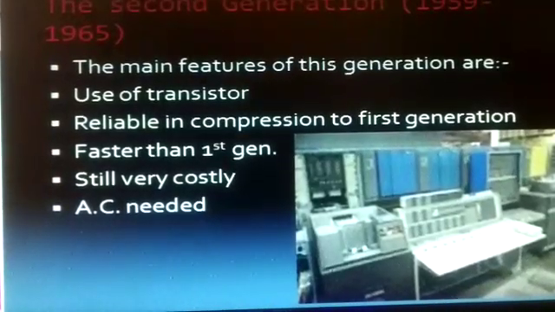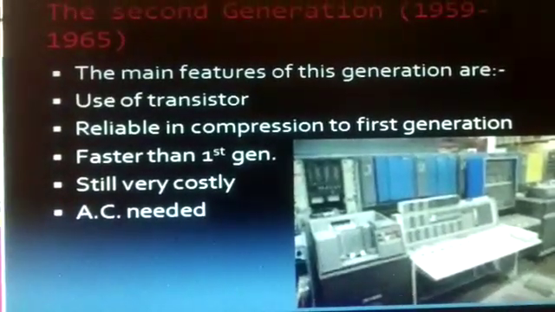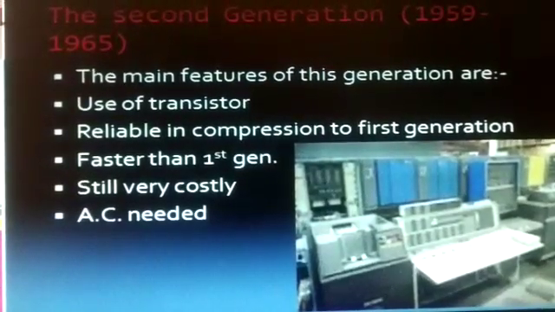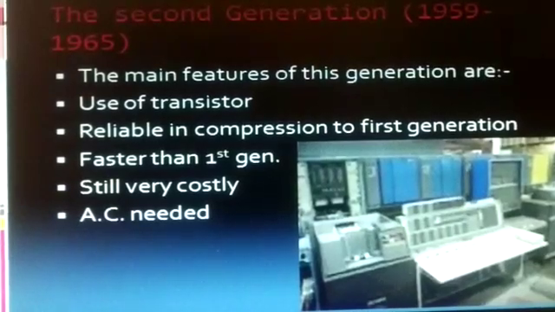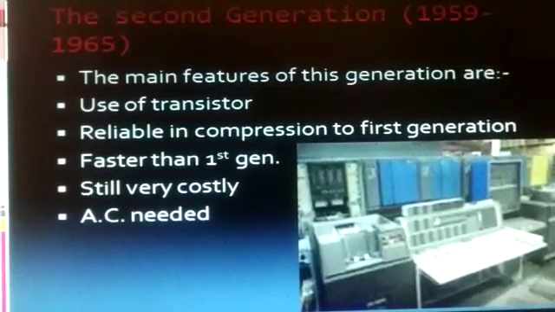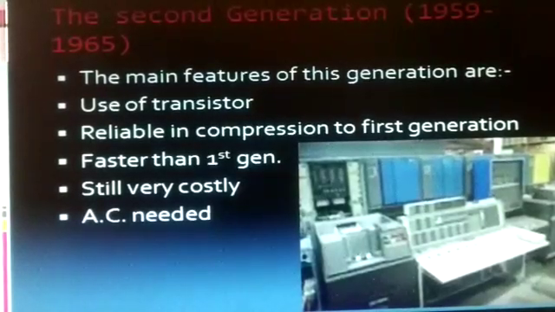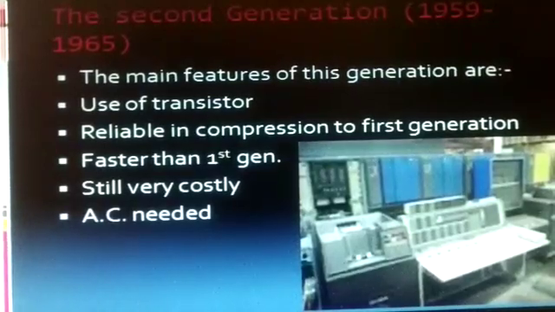Students, in the second generation we used assembly language and machine level language both. Some computers of this generation are IBM 1620, IBM 7094, CDC, etc.